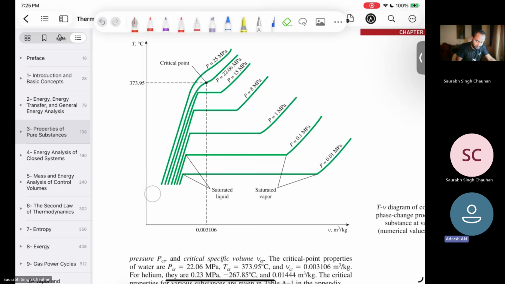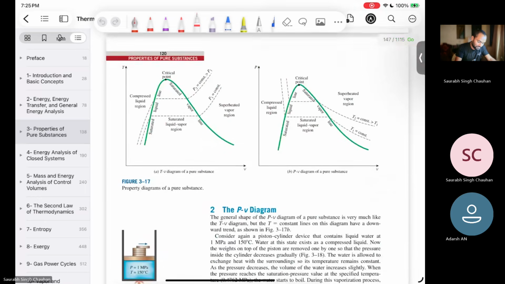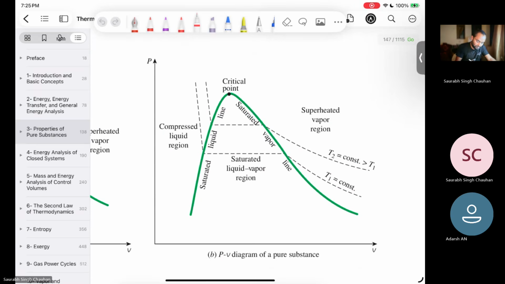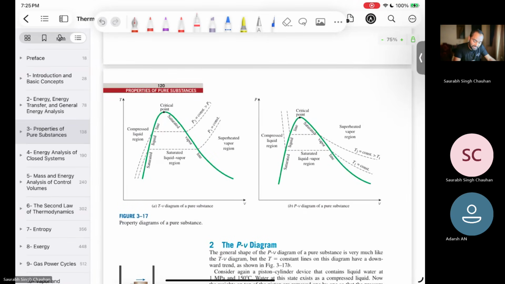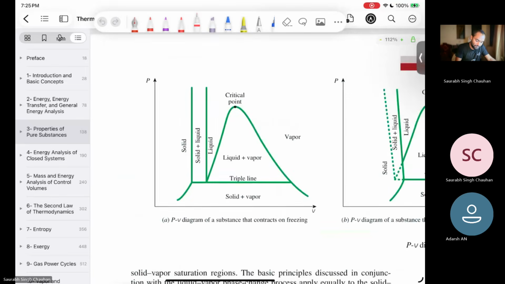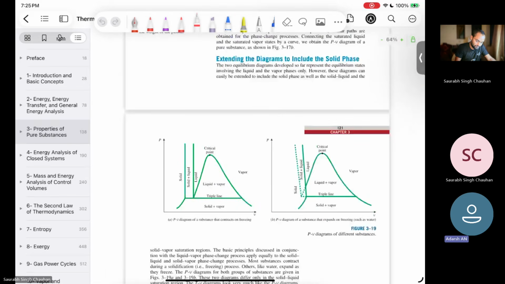And here, this is pressure and specific volume. See, this is approximately a vertical line, right? This is just a model or some example. But if you see the real example, then it will be more vertical. Here it is approximately vertical.